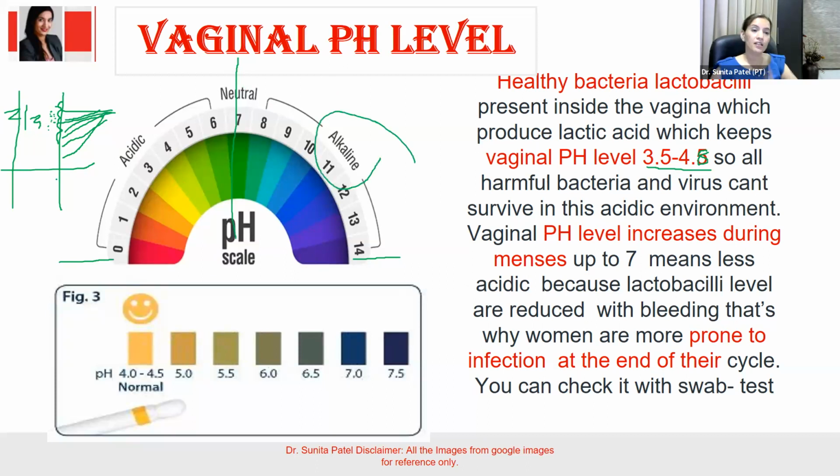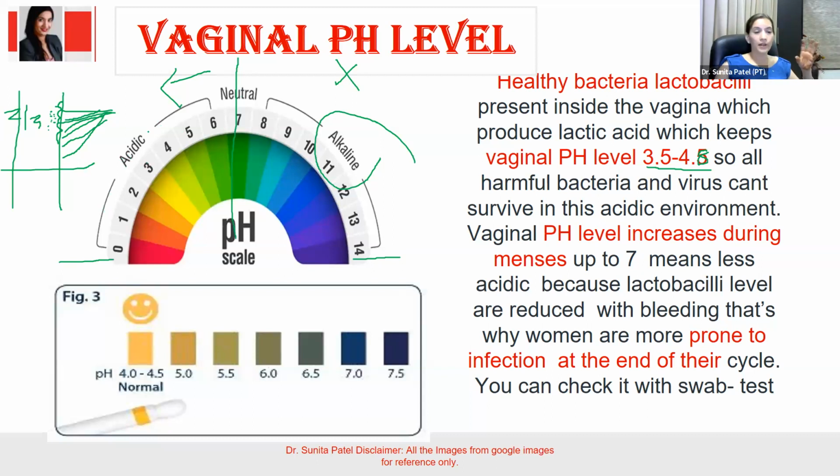We want an acidic vagina, so we are going to move towards the acidic side, not the alkaline side. What is alkaline? Blood is alkaline. Semen is alkaline. Sperms are alkaline in nature, not the vagina.